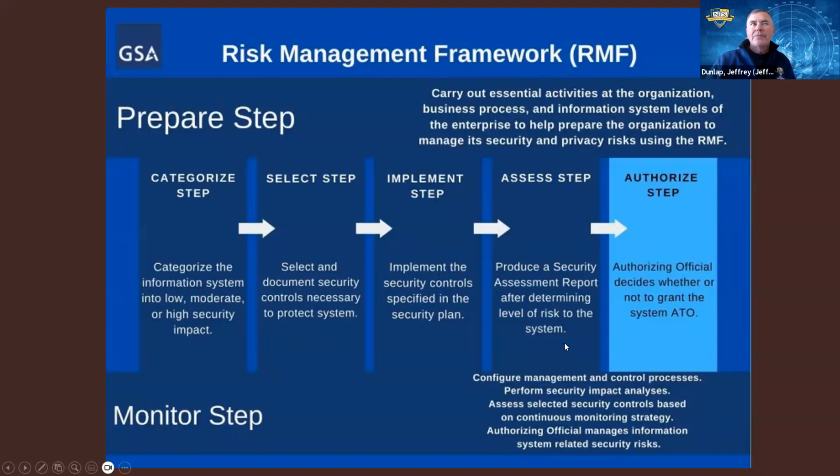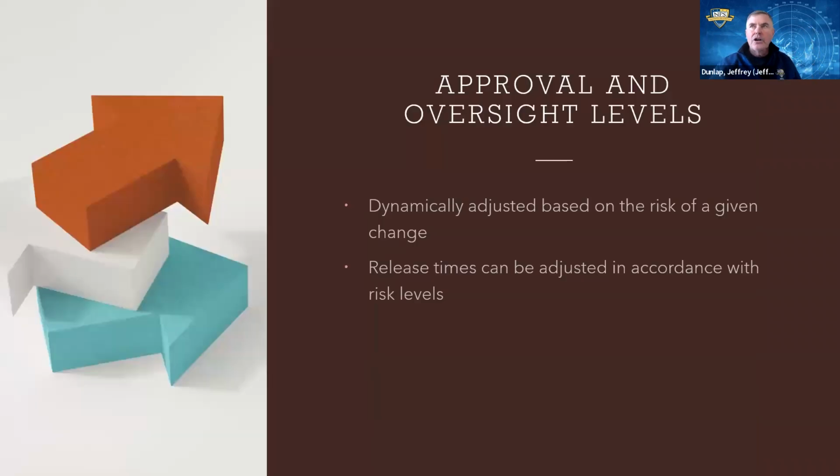The assess step could be automated, right? This all could be automated to this point. And now it's about the risk: if it's a low risk of causing problems, maybe I allow it to go out without having the ATO person stop and look at this, right? This is that whole thing that we were talking about, approval and oversight levels.